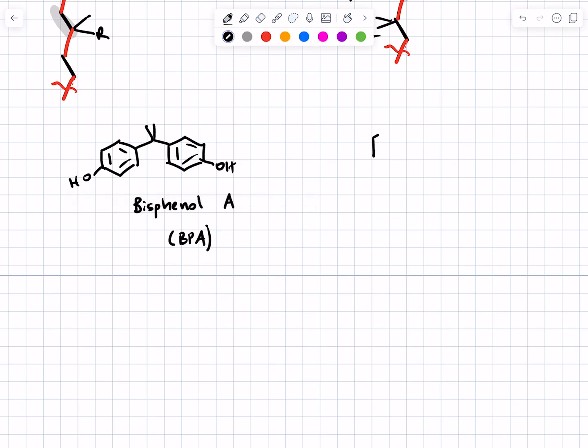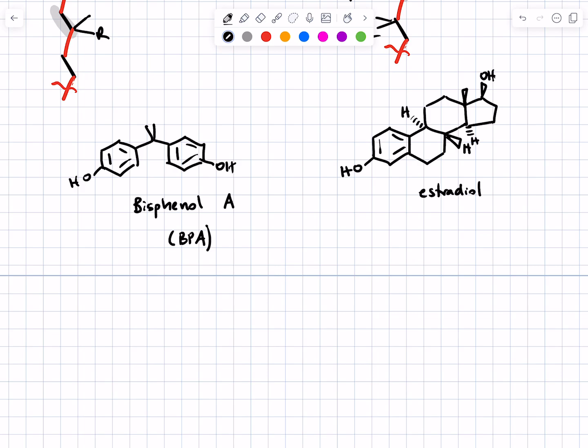I'm going to draw for you the structure of a steroid hormone. Again, I realize that some of you are wondering, do I need to memorize that structure? No, you don't, but you need to make it look like you were in class today and were listening when I was talking. So here is the structure of estradiol, estrogen. And you can see that it shares the phenol structure with bisphenol A. I don't care that you memorize the structure of estradiol, but if you relax your eyes a little bit, it shares some functional groups.